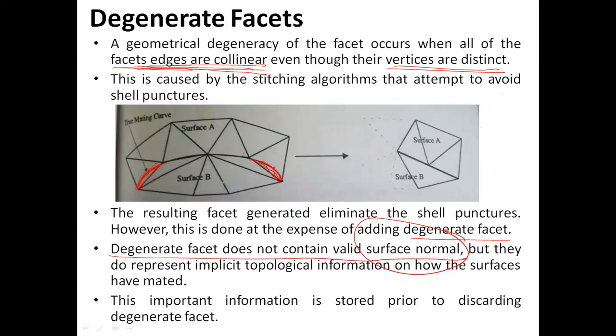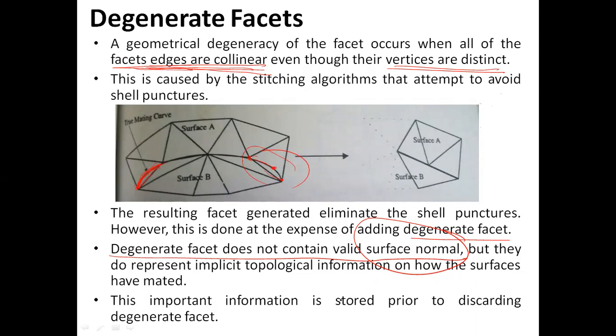The 3 points have become collinear. This is the first point, this is the second point, and this is the third point. Just to fill this gap, these 3 points have become collinear, hence this is called degeneracy.